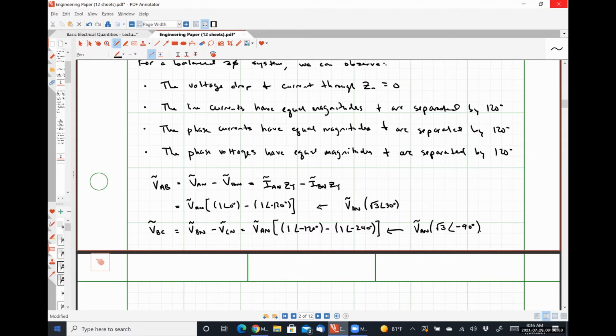And if we did V_CA, we would see that it would be V_AN square root of 3 angle, gosh, what's negative 210 degrees effectively.